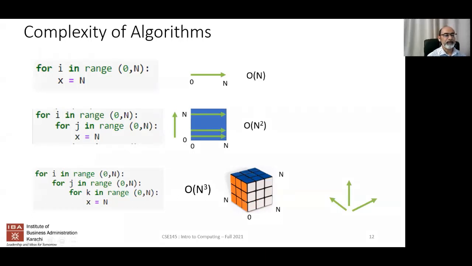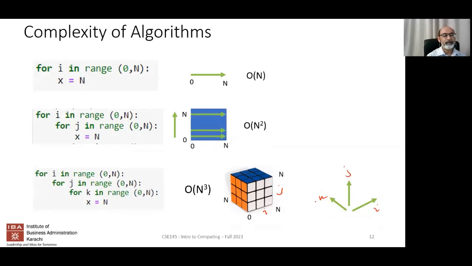If you had a three-dimensional shape and you wanted to traverse all of these individual blocks, then you would have i going over here, j going over here, and k going in the third dimension. This could be i, j, and k.